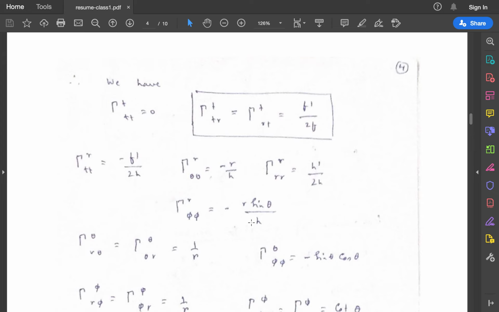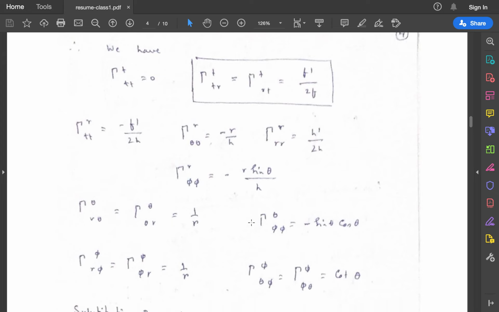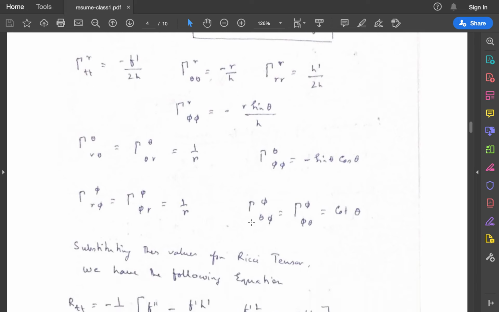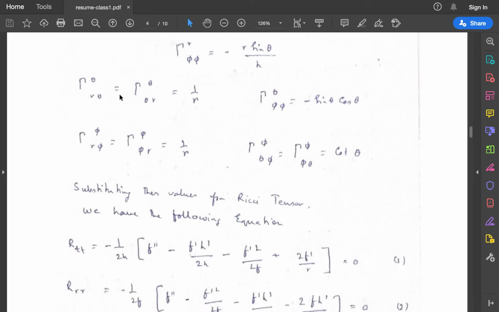So students, please check that these are only the non-vanishing terms. This is a tedious calculation, but I think you can easily do it, since you know the mathematics. Next, for theta, we only have these components: gamma^θ_rθ and gamma^θ_θr, which are both equal to 1 by r, and gamma^θ_φφ equal to minus sine theta cos theta.